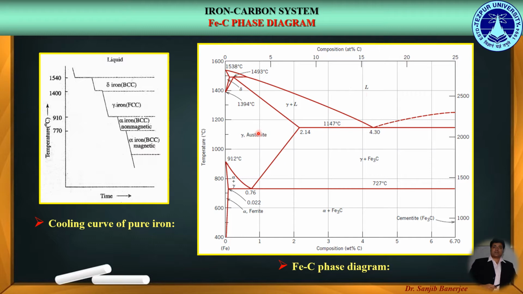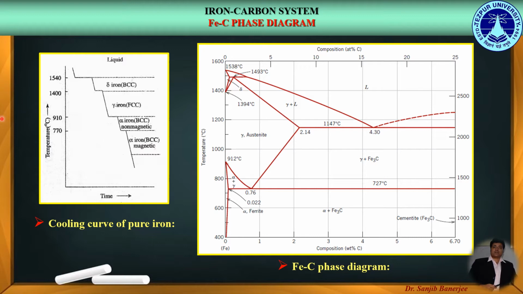In between the austenite and liquid phase, we get the austenite plus liquid phase, and in between the austenite and cementite phase, we get the austenite plus cementite phase. So these are the different phases which are present in the iron-carbon phase diagram.